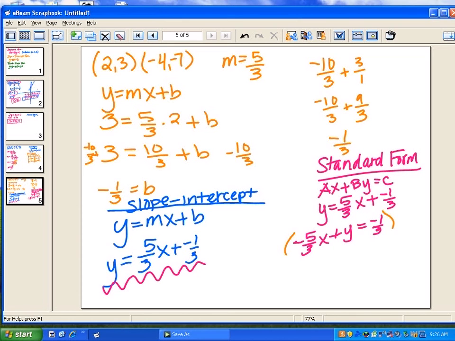So my denominator is 3. So if I distribute a 3 to each of these pieces, I'm left with a negative 5x plus a 3y equals a negative 1. And this now is my standard form. Okay? Make sense?